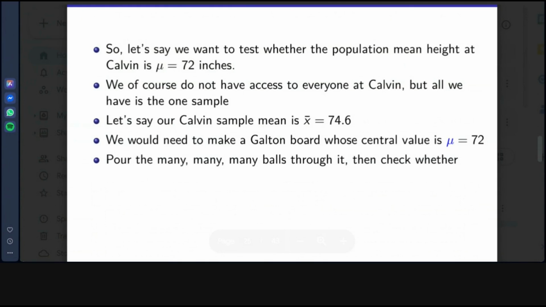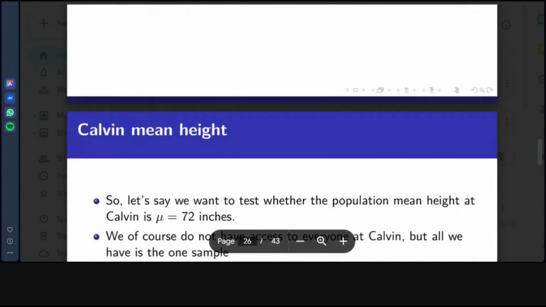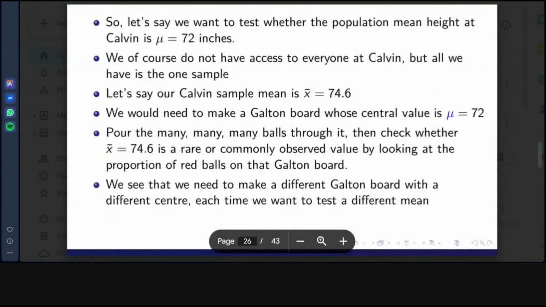And so now we want to test, okay, if the population mean is 72, we pour many balls through the Galton board, like what you saw in the video, and then you check whether 74.6 happens a lot or not. Look at the red zone. How many balls fall after 74.6? All right.